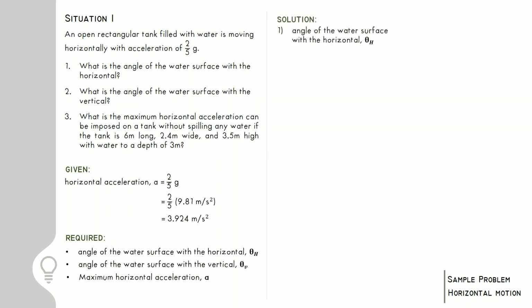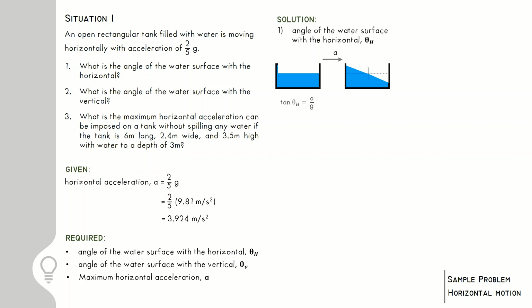First, let's solve the angle of the water surface with the horizontal. So this is the initial orientation of the water surface when at rest. But when this open rectangular tank is moving horizontally with an acceleration of 3.924 meters per second squared, the water surface will look like this.